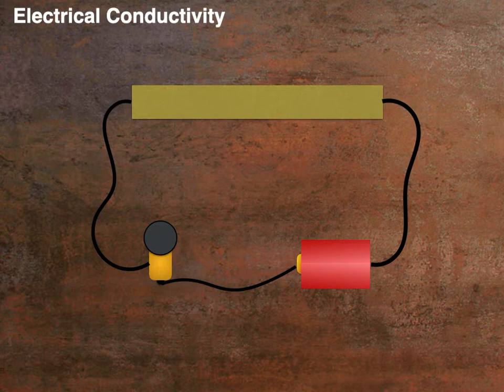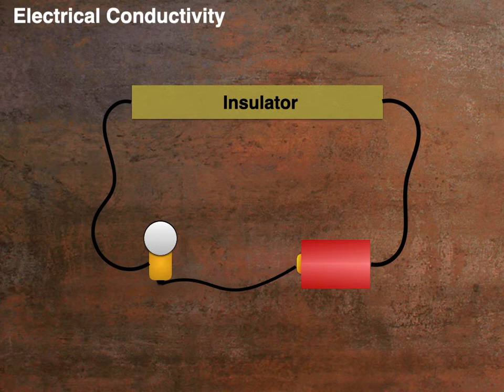And if electricity does not flow through a substance, then it is an insulator. On the other hand, if the light goes on, it's showing that electricity is flowing through the circuit, so the circuit must be complete, so that substance is letting electricity through and is a conductor.